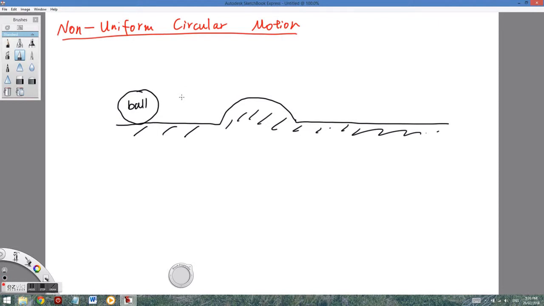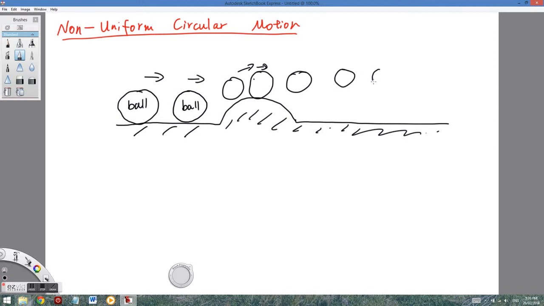If I roll this ball really fast, it will move forward, move on top of the hill, and if it's really fast, it will fly away. You can try that at home. This is when it's really fast.